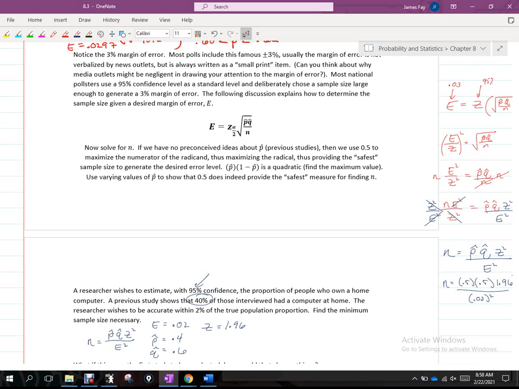And I'll look into whether there's technology or software that we can use to get the values from the chi-square distribution as well. I think Excel probably has something built into it. The table's a little bit messier.